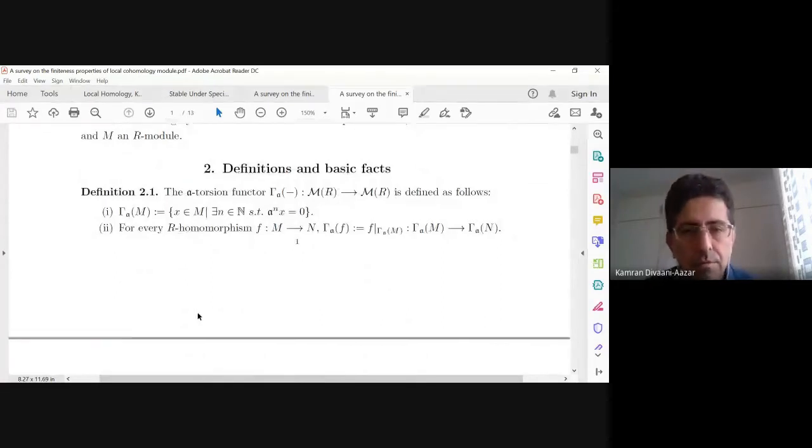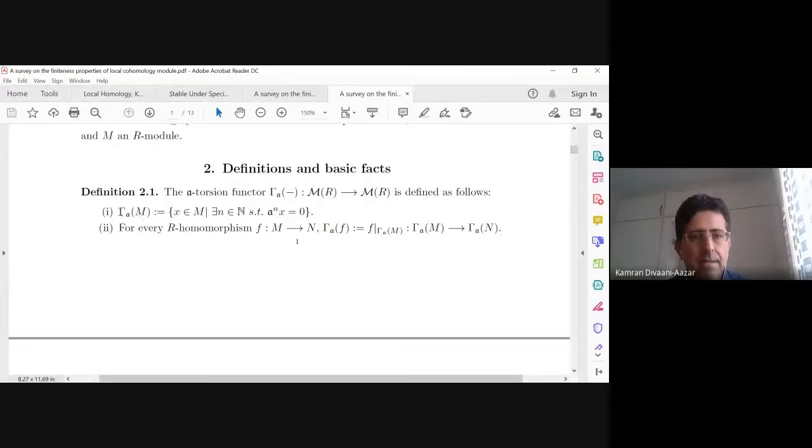So now we will review some definitions in local cohomology. The gamma A functor is defined in this way. It's a functor from the category of R-modules to itself.